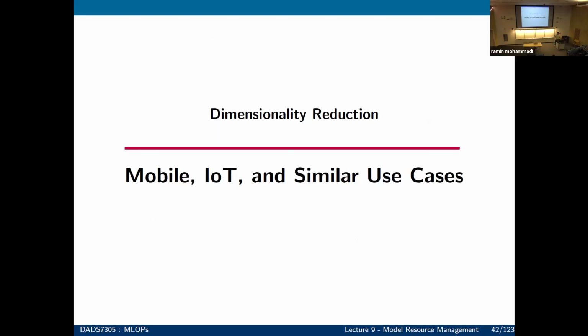So now, all of this brings us to one thing: mobile, IoT, and similar use cases. So why mobile and IoT? Why do we want in this class to learn about mobile or IoT? What's your thought? Is it because of edge device computing, and it doesn't have a lot of compute power and is a small device?